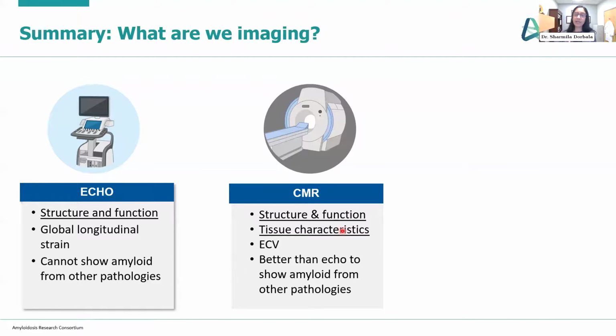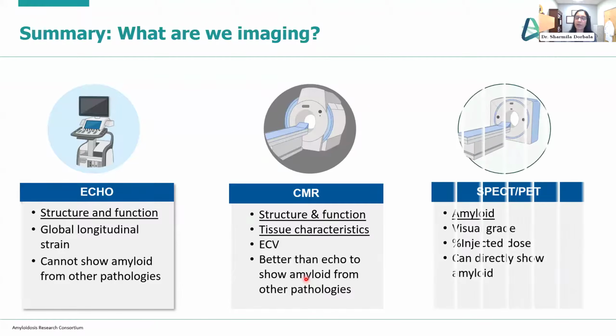It can tell us, is it fat, scar tissue, amyloid, expanded extracellular volume, especially if it's diffuse and significantly expanded, it can quantify the amount of amyloid. It is better than echo to distinguish amyloid from non-amyloid pathologies, but it still is not definitive for amyloid.